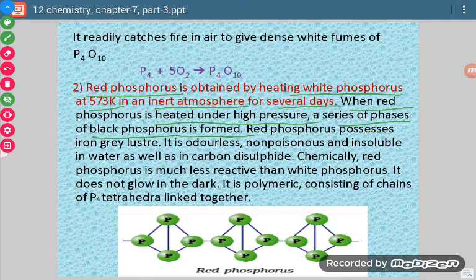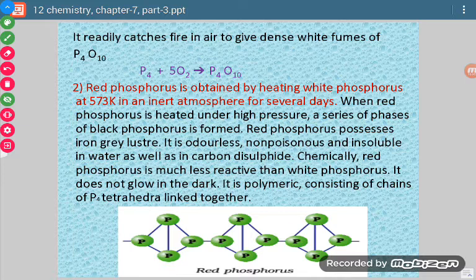Now red phosphorus possesses an iron gray luster. It is odorless, non-poisonous, and insoluble in water as well as in carbon disulfide.